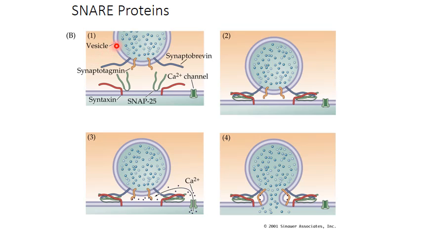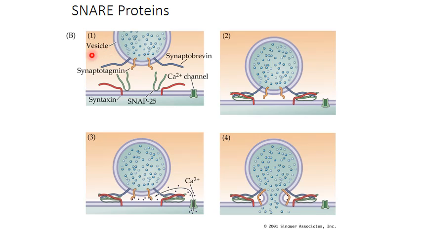There are what are called vesicular SNAREs that live in the synaptic vesicle membrane. Key one here is synaptobrevin, which is also called VAMP, V-A-M-P. The cell biologists tend to call it VAMP. The neuroscientists tend to call it synaptobrevin. The field, unfortunately, has not settled on a single name.